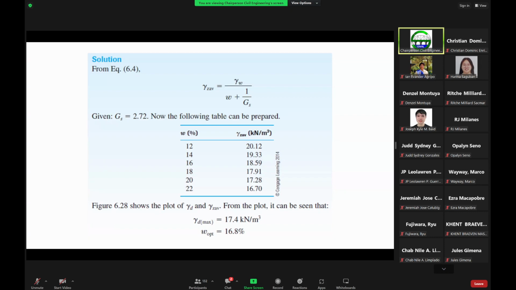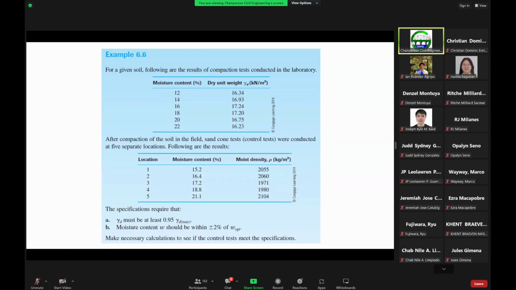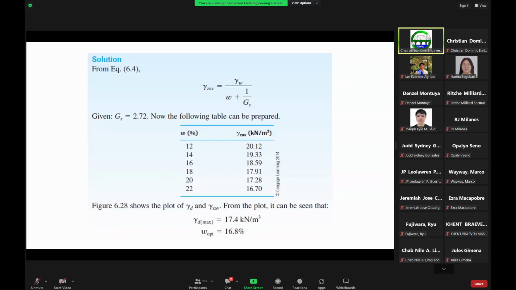So first, let's try to determine the zero air void unit weight. Are we given the specific gravity? Let's assume that the specific gravity is given as 2.72.